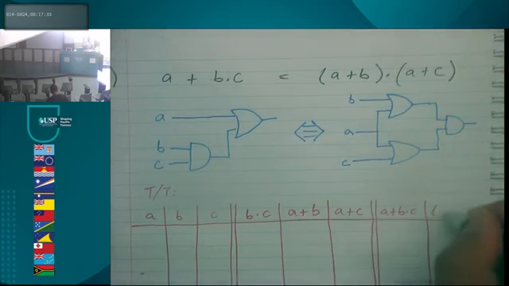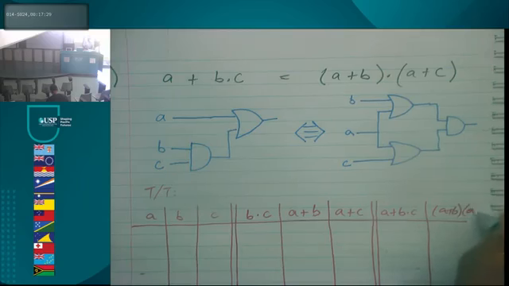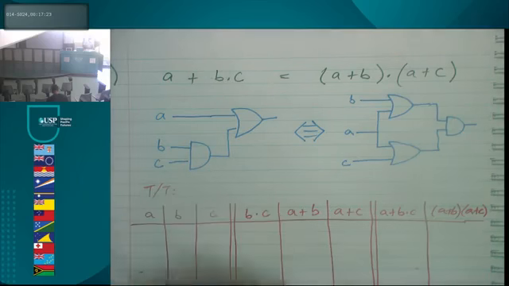And over here you have (A or B) and (A or C). All right, let's now go ahead and attempt this.